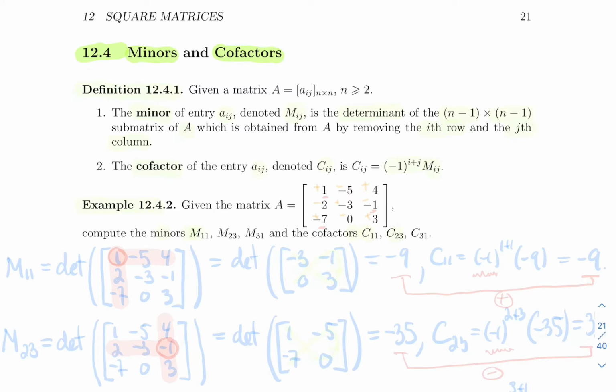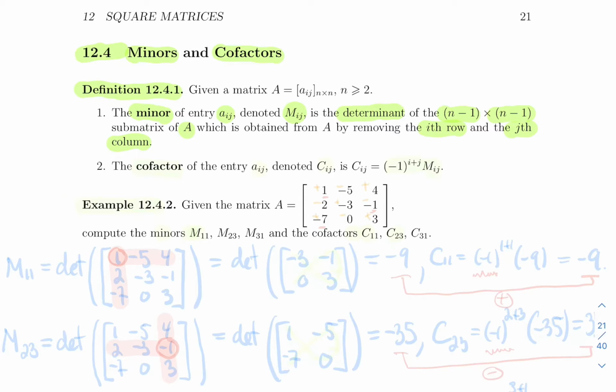So first definition, what's a minor? The minor at the entry Aij, on the ith row, jth column, that we're going to denote by big Mij, is the determinant of the submatrix, n minus 1 by n minus 1, that you get from A by removing the ith row and the jth column.